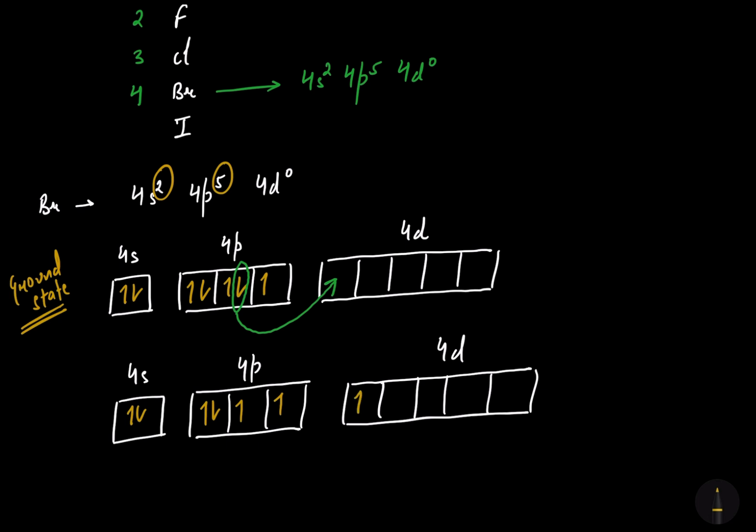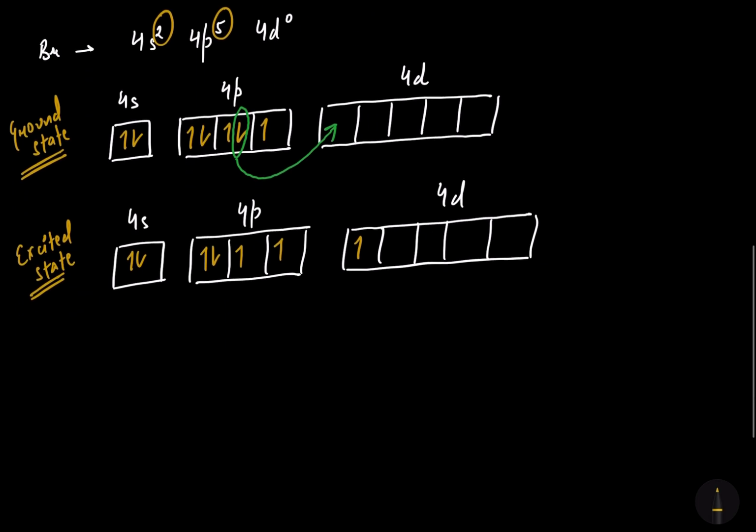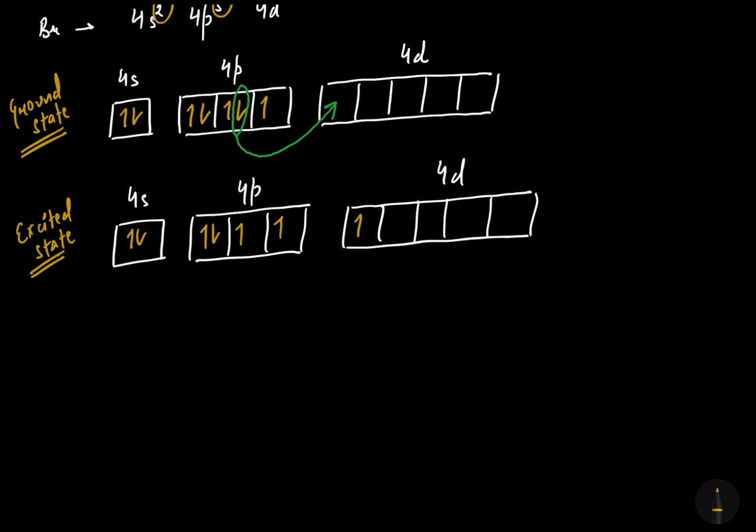So now 4d has 1 electron, and in this way we got 3 orbitals containing 1 electron each for the formation of 3 sigma bonds. This is called the excited state.